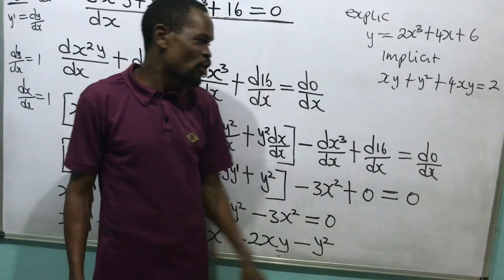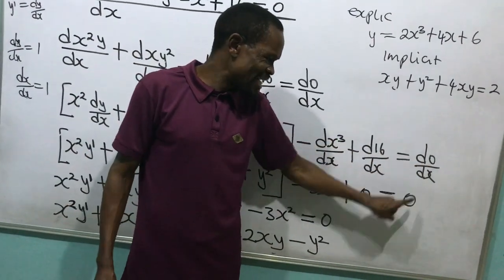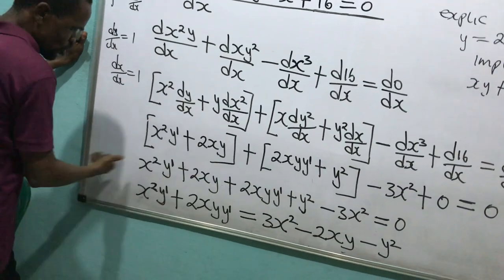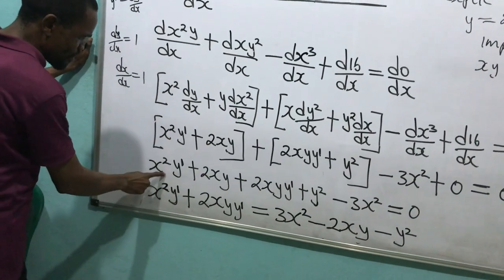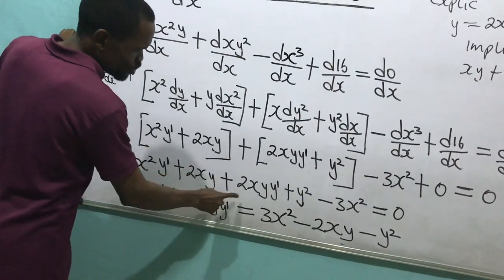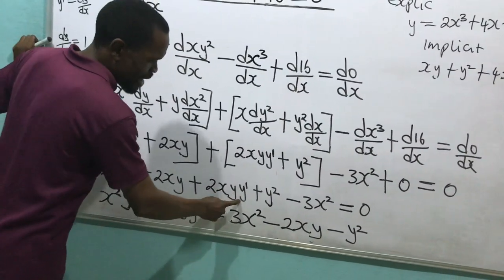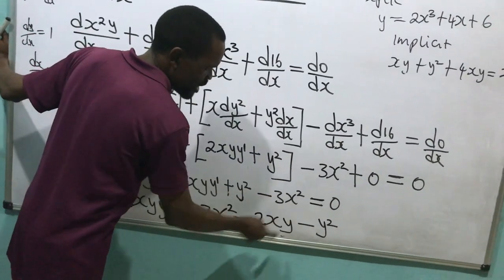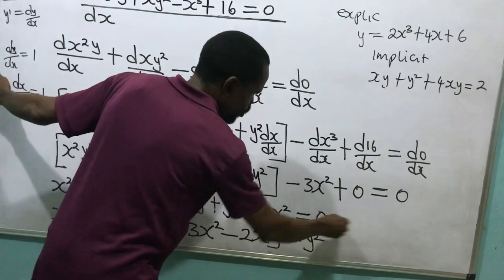The 16 is a constant, so it becomes 0. Then coming over here, I open the bracket now. I have x squared y prime plus 2xy plus 2xy y prime plus y squared, minus 3x squared, equals 0.